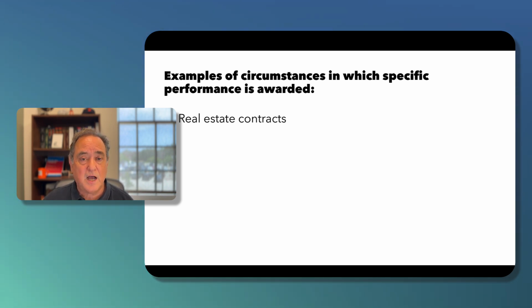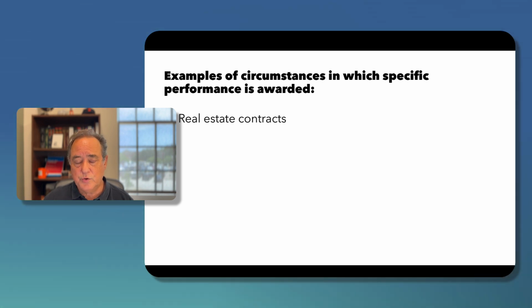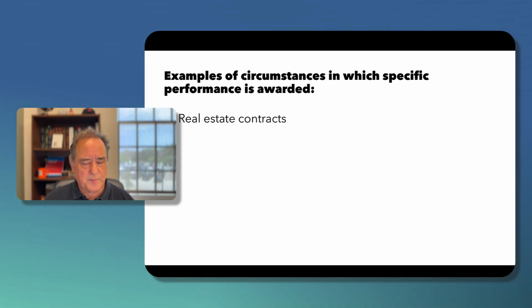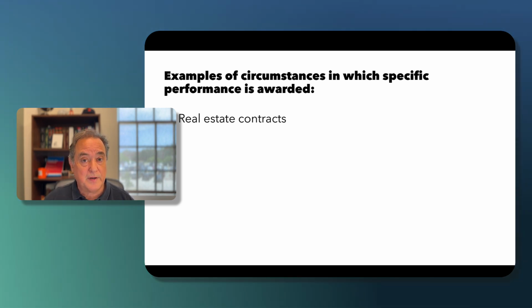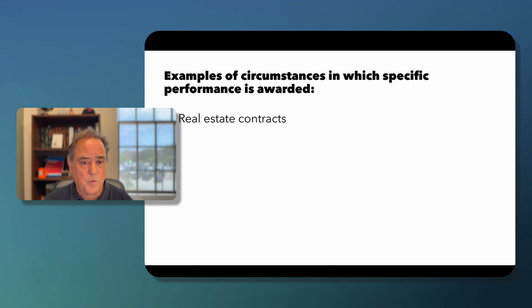If I have contracted to buy a specific plot of land, and you breach that agreement and refuse to sell me the land, I cannot simply buy another piece of property, because that piece of property that I contracted for was unique. And so therefore, in a real estate dispute, a court may well order specific performance.